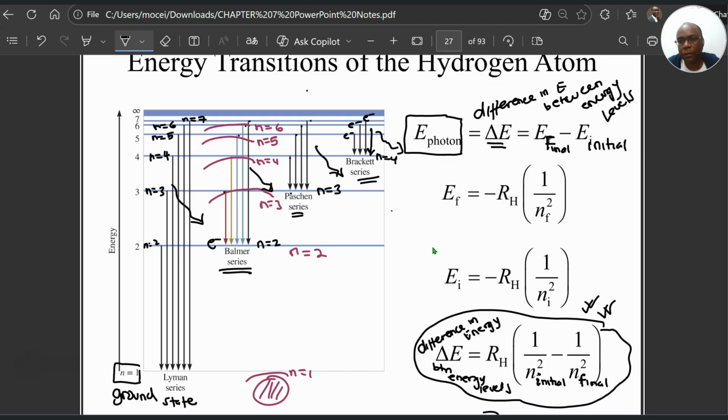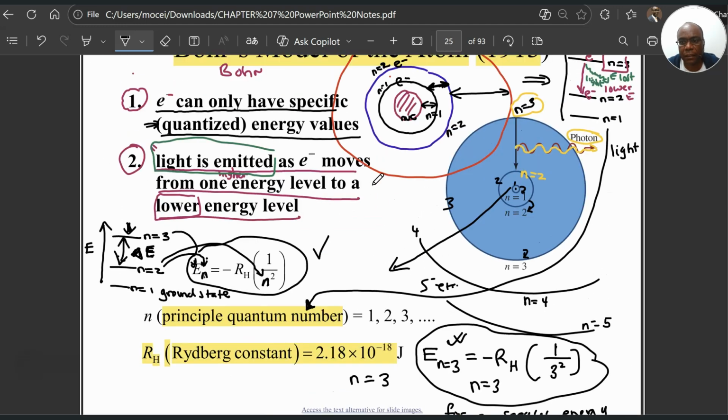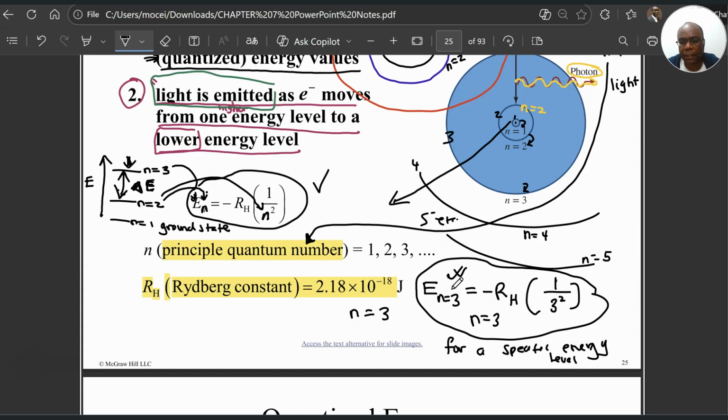And we know that if we have to find just the energy of the final energy shell, any specific one of these lines, their energies can be found by this formula. Remember, for any specific energy level, we use this formula because you're focusing on one n level.